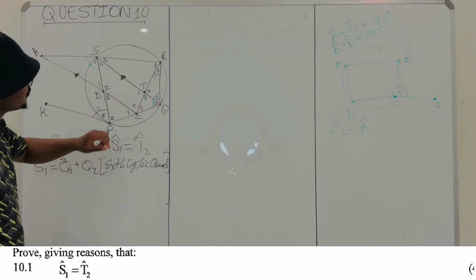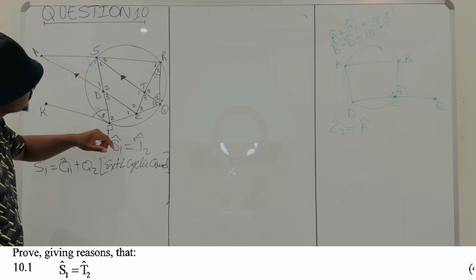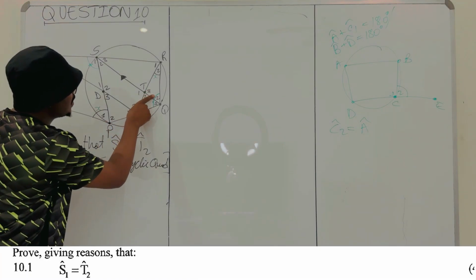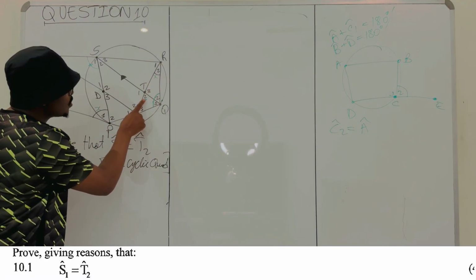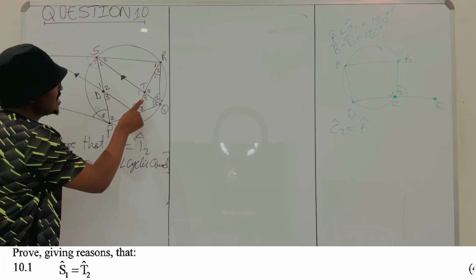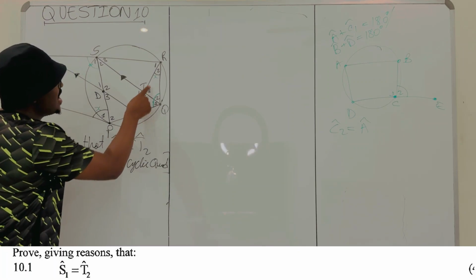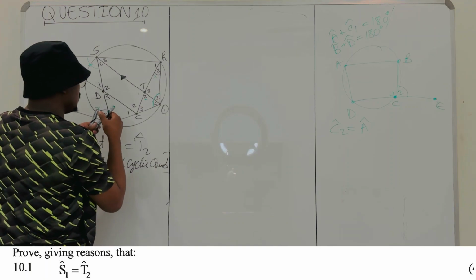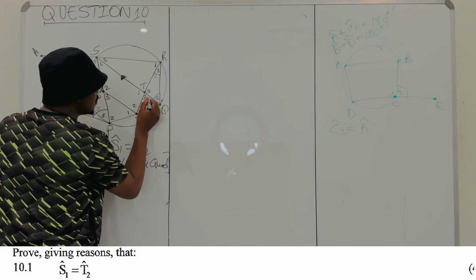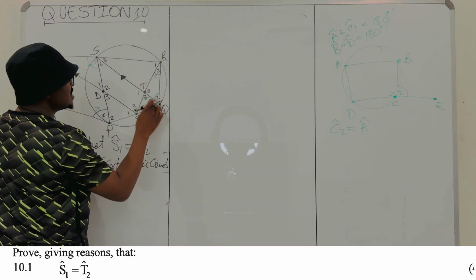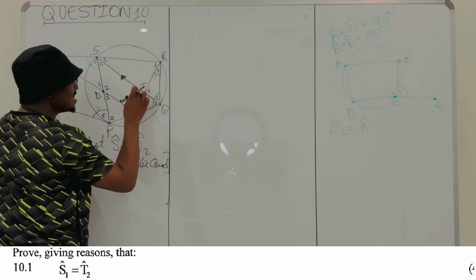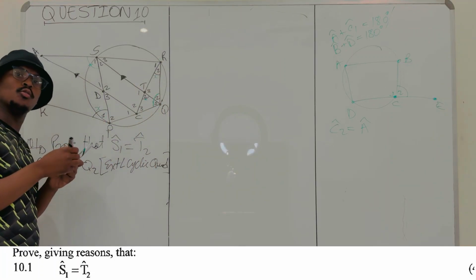But look now, if you were to look at Q1, if you were to add Q1 and R2, they would give you S2, because S2, or actually T2, is an exterior angle of this triangle RTQ. So if you take a look here, here is your T2, and it's an outside angle of triangle RTQ, right? T2 is an exterior angle of triangle RTQ.